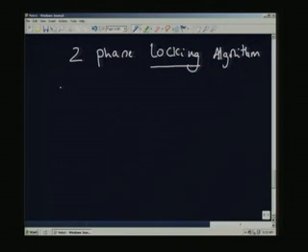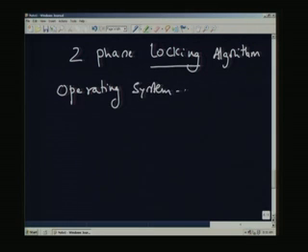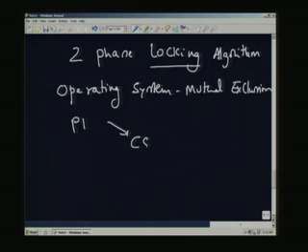Now, to explain the concepts of locking in more detail, we have a problem which we are also familiar with in operating systems, called the mutual exclusion problem. It says that if there is one process P1 trying to be in a critical section, the critical section is nothing but a piece of code that addresses a shared data structure between P1 and P2.